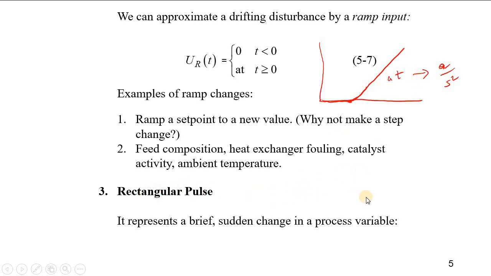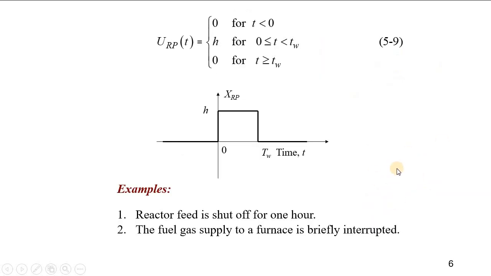Okay, what about a rectangular pulse? We already have taken that before as well, where we said that in a rectangular pulse we have one step input, and then we have another step input. So we have a step input from 0 to h. Actually, I would prefer here, instead of saying h, to put m, that term that you have in your head.